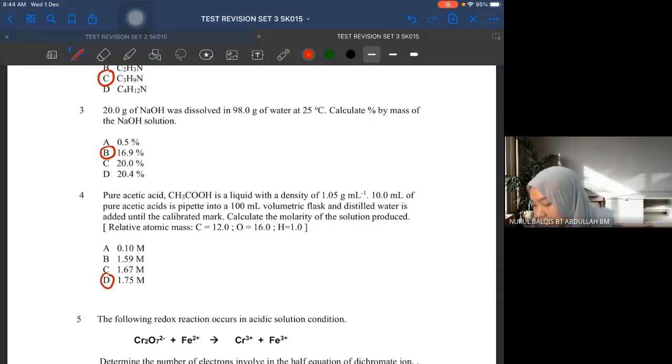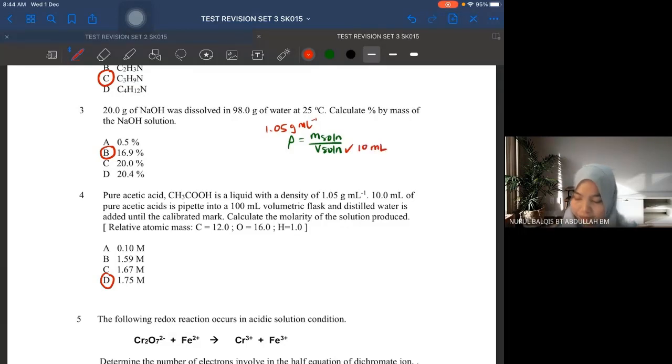Okay, yang kita nampak dekat sini sekarang, awak ada density. Bila kita keluarkan density, density formula is mass of solution over volume of solution. So the value of density is 1.05 gram per ml. Okay, lepas tu dia cakap only 10 ml. So you already have the 10 ml volume dekat sini. From the density, you get to know the mass of solution, right?